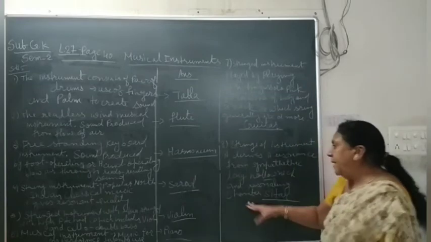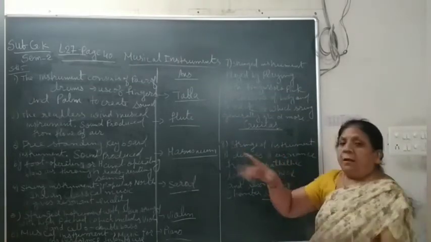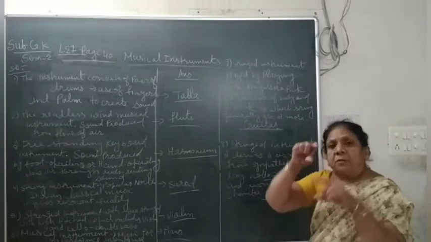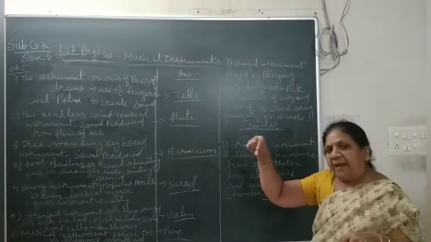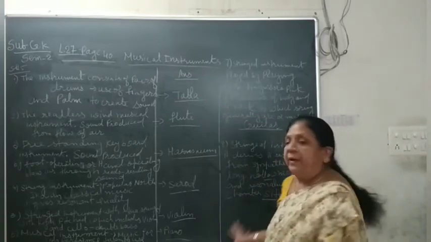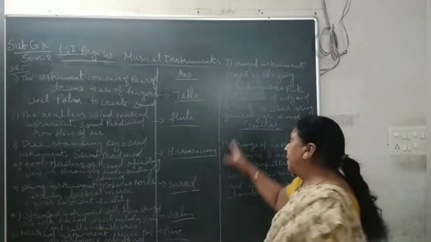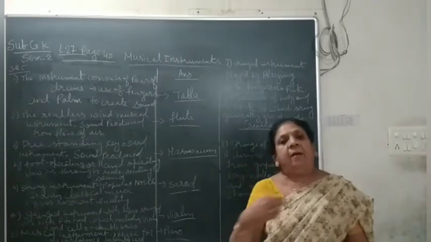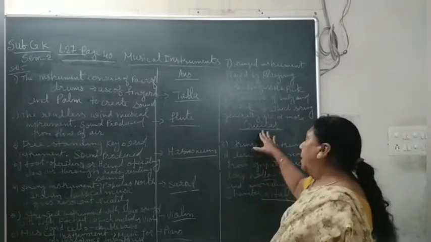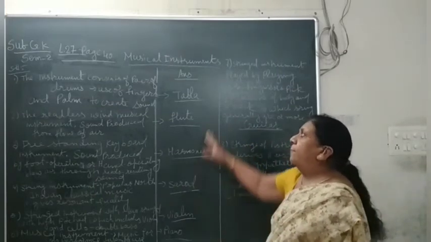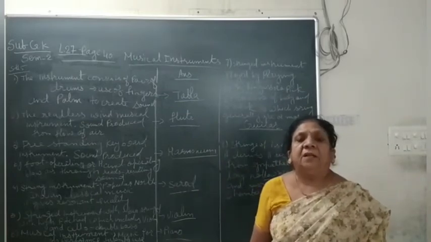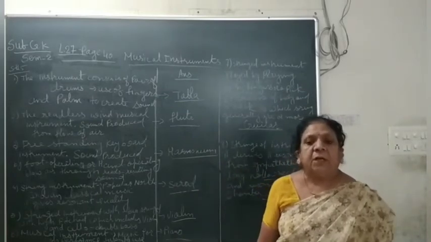The sitar has a big chamber, but the guitar has a small chamber with a long neck. The sitar is played sitting, while the guitar is worn and carried, and then played. These are all the types of musical instruments.